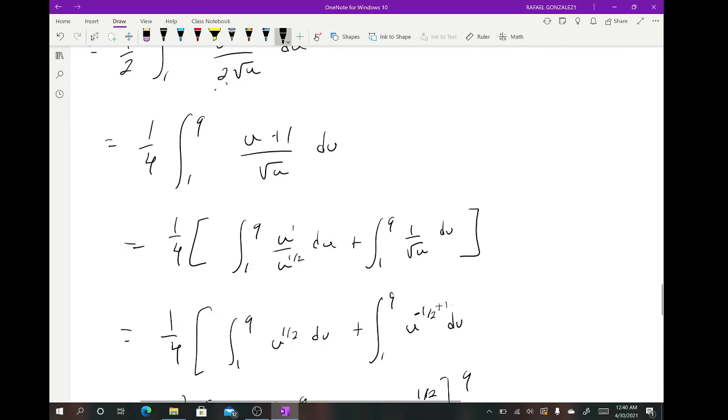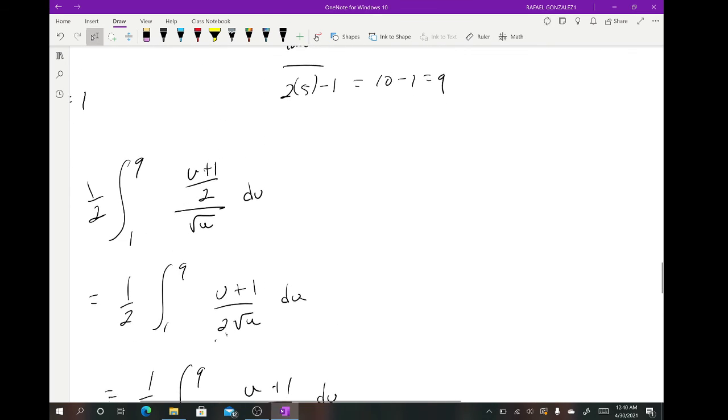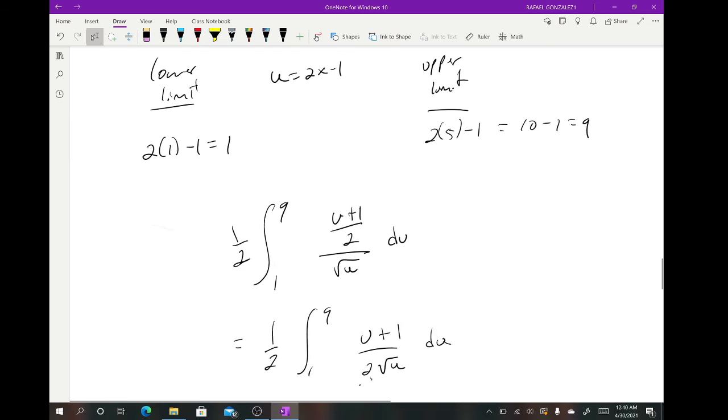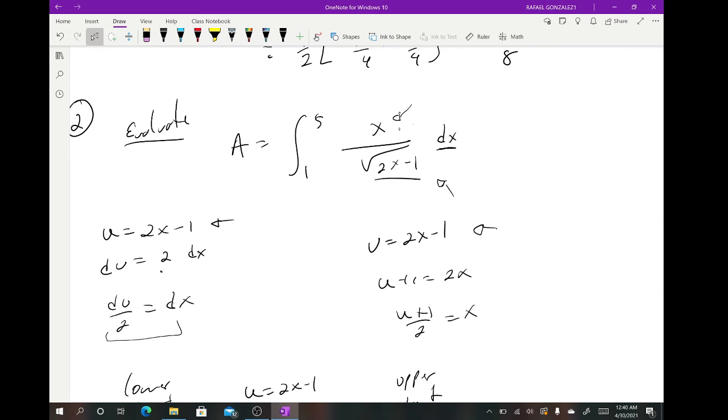Now, this was a lot of work. I just realized before I began, but I decided to continue to do it, that there was an easier substitution that I could have made. Sometimes, and I mentioned this earlier, you don't want to take the inner function.